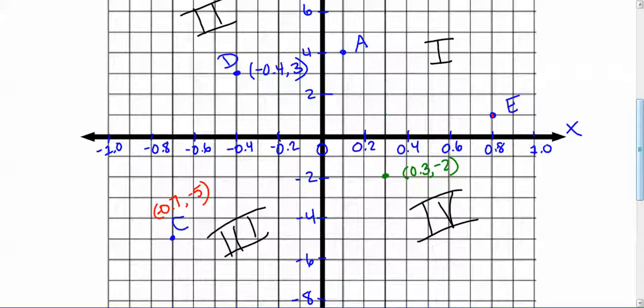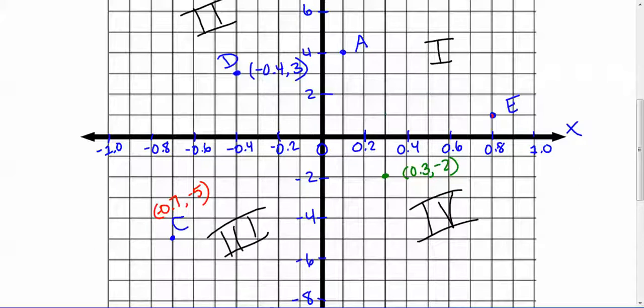And I need that to be reflected in the y-axis. So we're using the y-axis as the mirror. So what would the new coordinates be with a reflection in the y-axis, Lola? -3, -2. Very good. You guys getting the hang of this, you think?